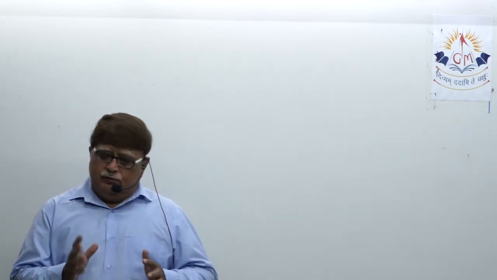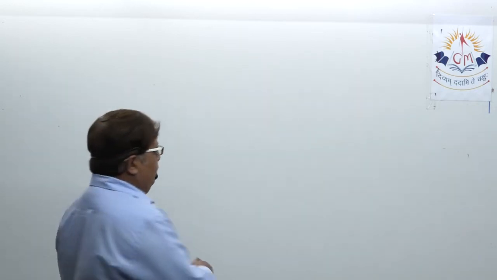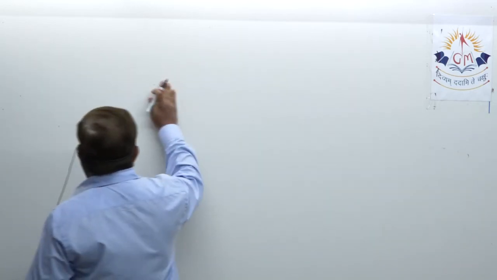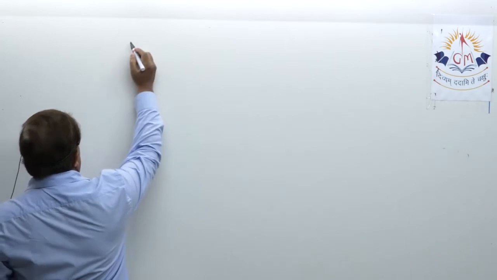On that you have to target, and once you target your concentration on theoretical concept, then it becomes easy for you to answer any type of objective. Okay, dear student? So, this was just a summary before we start.